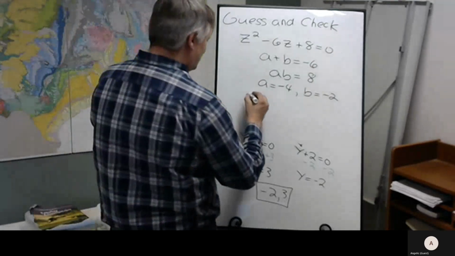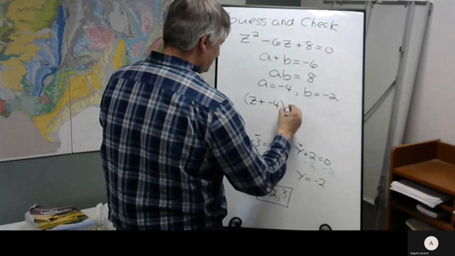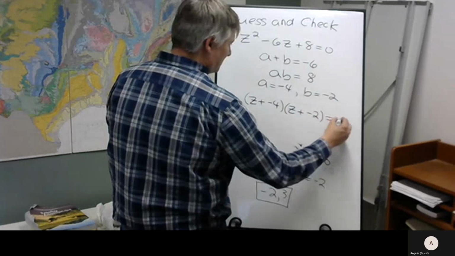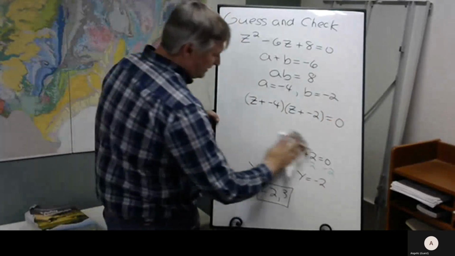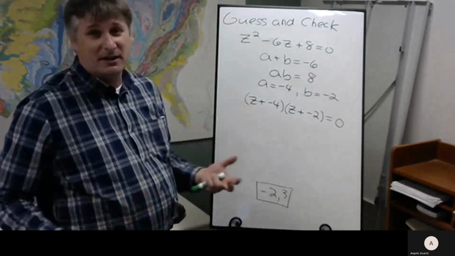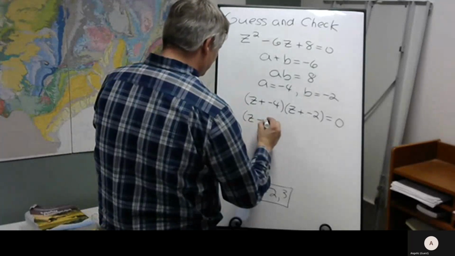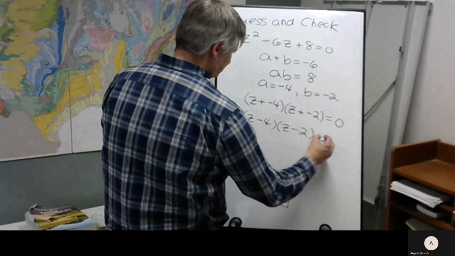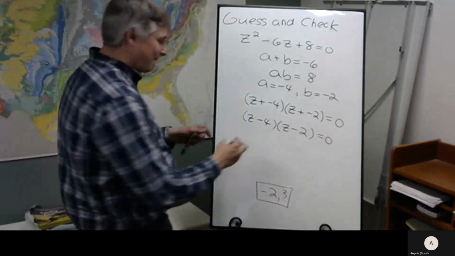So what that means, Z plus -4 times Z plus -2 is going to be 0. And again, if we're adding a negative, that's the same as subtraction. And so now we use the zero product principle.